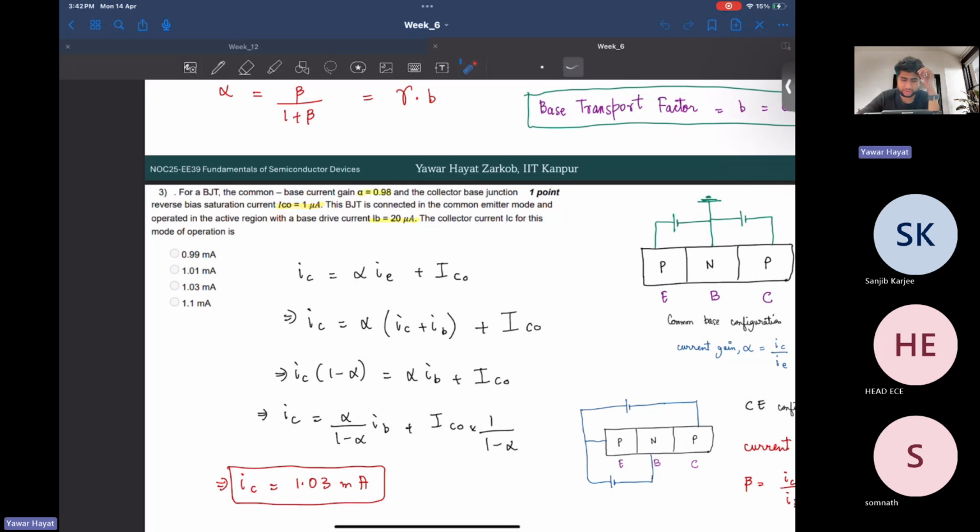This BJT is connected in common emitter mode and operated in the active regime, where the base drive current IB is 20 microamps. The collector current IC for this mode of operation is what?